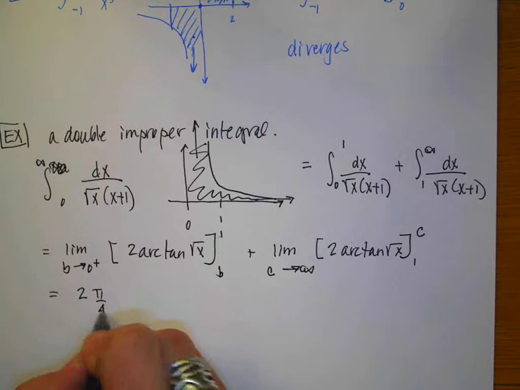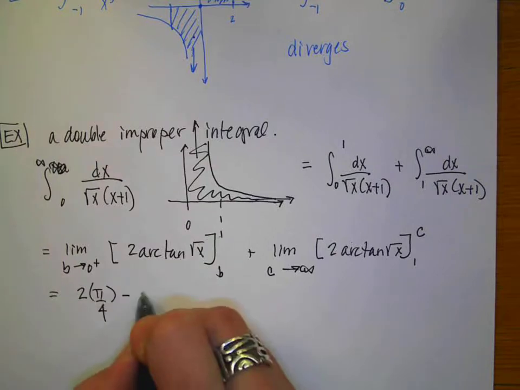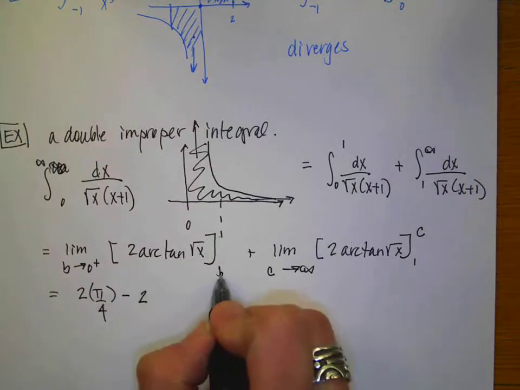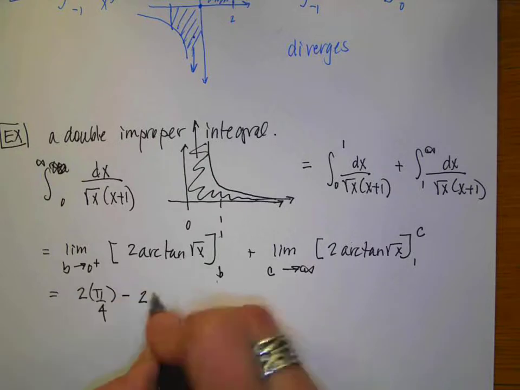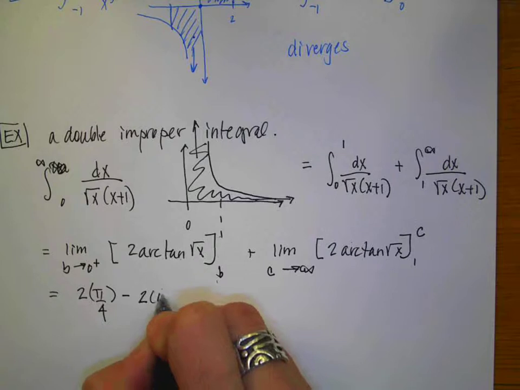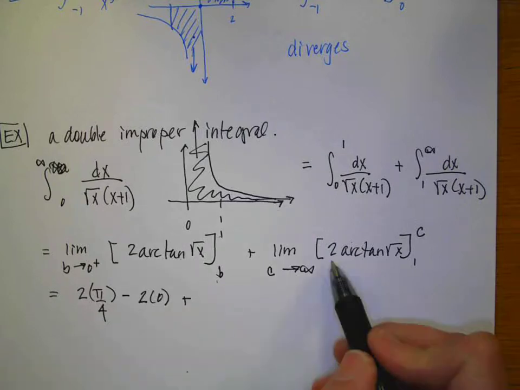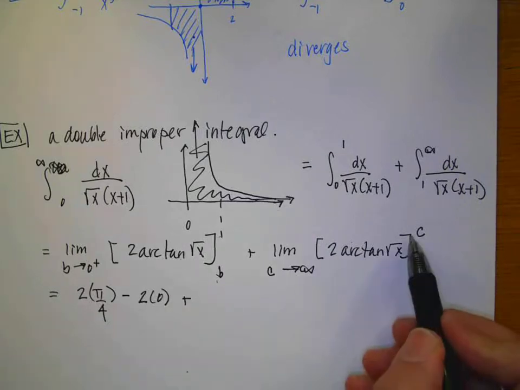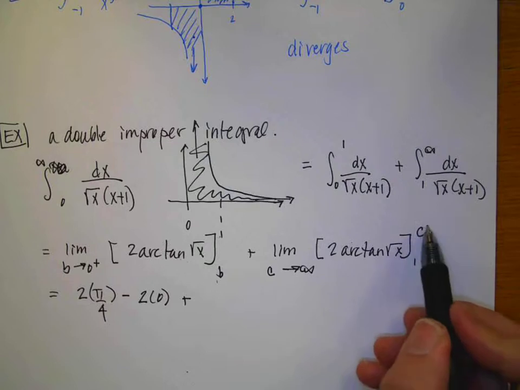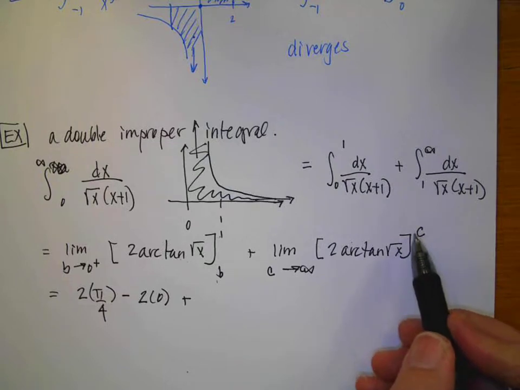So if I finish this statement, this is going to be 2 times the arctangent of 1, which is pi over 4, minus 2 times the arctangent of b, which is 0, so that's going to be 0, plus 2 times the arctangent of c.